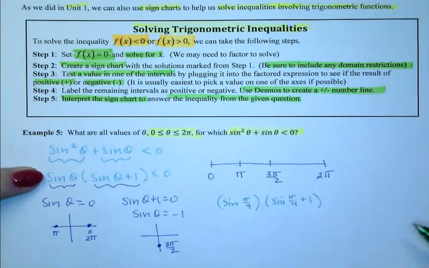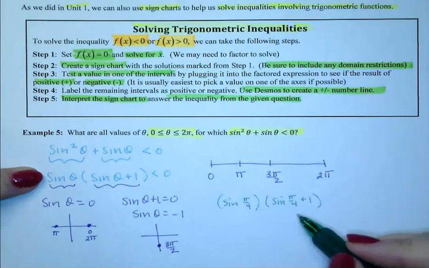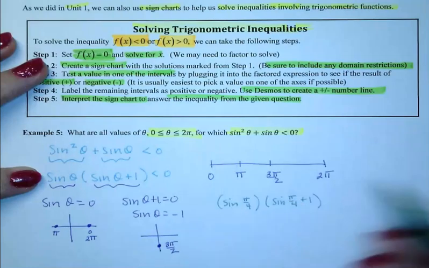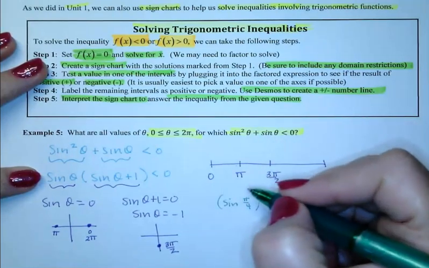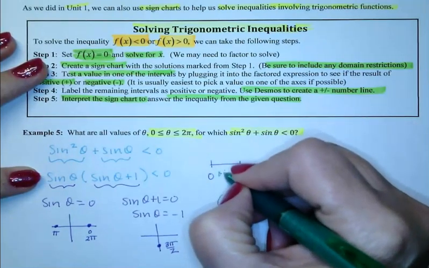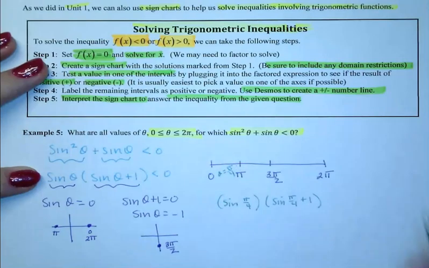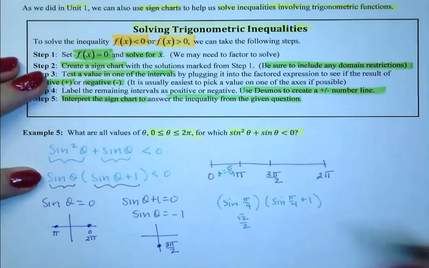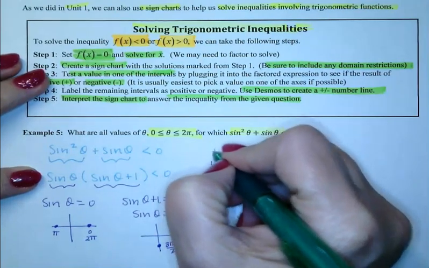And so then what I'm trying to figure out is, is this going to be positive or negative? Is this going to be positive or negative? Because then I'm going to multiply them together to get the overall sign here. So theta here is going to be pi over 4. All right, so what do we know about pi over 4? We know that's square root of 2 over 2. So we know that's positive.